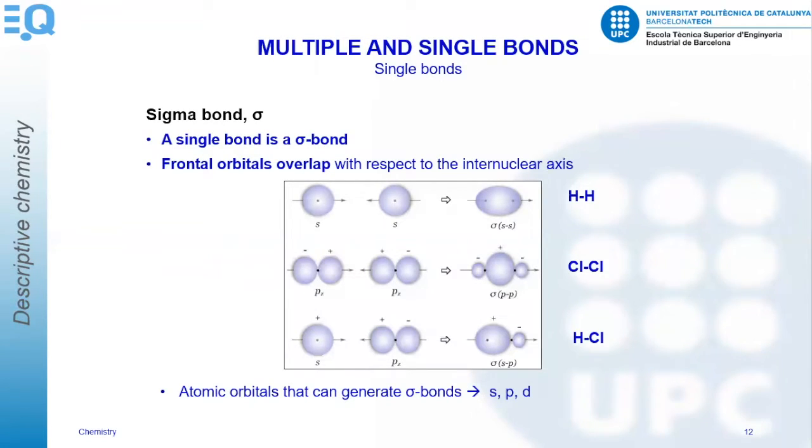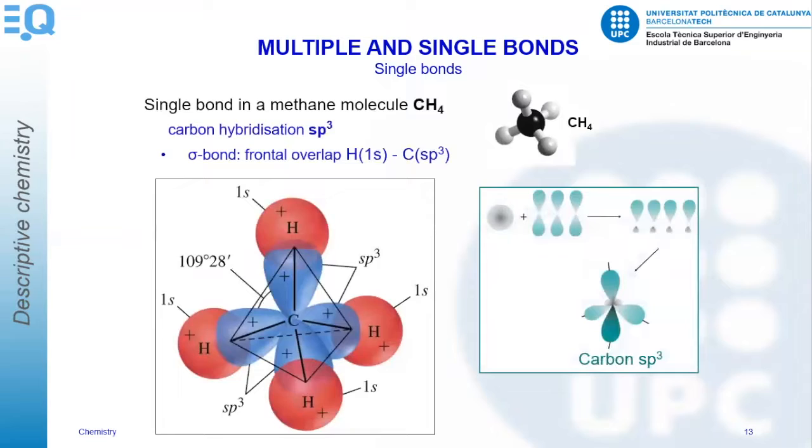Frontal orbitals overlap with respect to the internuclear axis, and the atoms can move and rotate freely without breaking any bonds. All types of orbitals can generate sigma bonds, but with f orbitals this is not usual because, as they are very deep in the atom, they don't participate in bonding. Here you have an example of a molecule that has sigma bonds, methane.